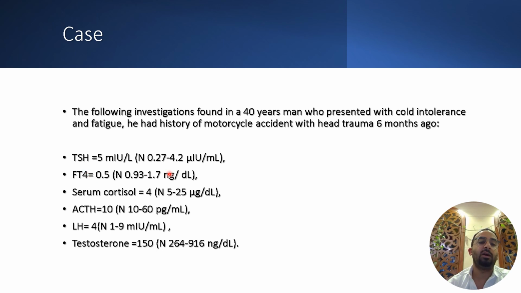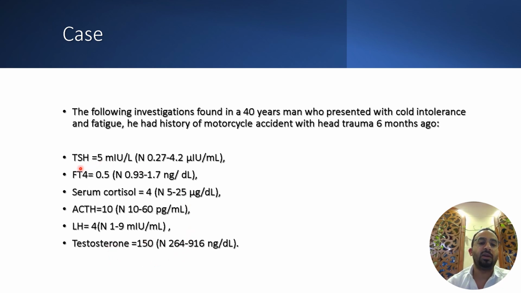If I look at these laboratory investigations, you can see that the TSH is 5, a little bit normal, but we have a low T4, so there is a deficiency of thyroid hormone while the TSH is normal. The cortisol is below normal while the ACTH is in the low normal range, but still within normal. And we have here the luteinizing hormone within the normal range, while the testosterone is below normal.